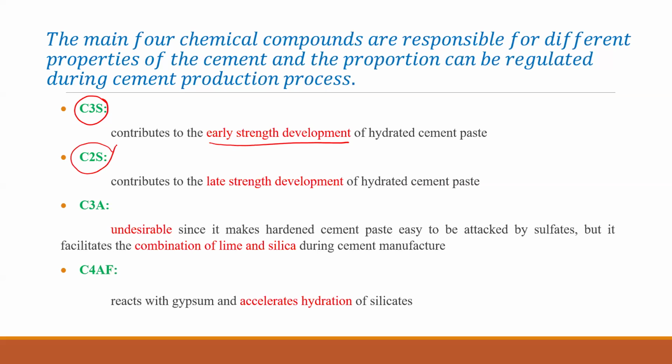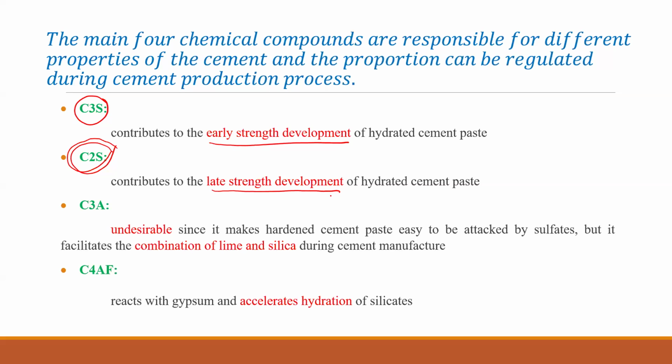If you compare two cements, and one has less C2S, that cement has the property of late strength development. There are situations where we need to delay the setting. If your mixing plant is far away from your site, you don't want the cement to get hardened on the way of the delivery, so you have to delay it.